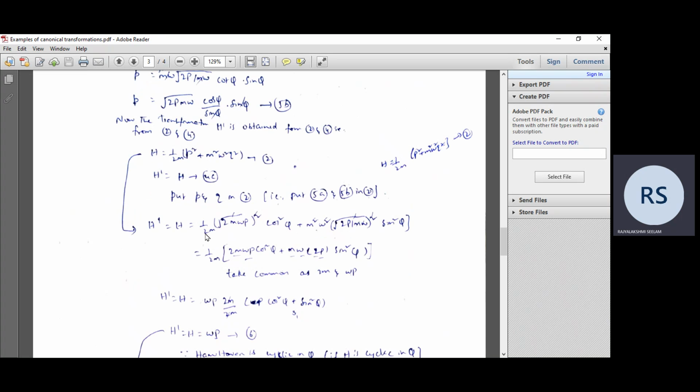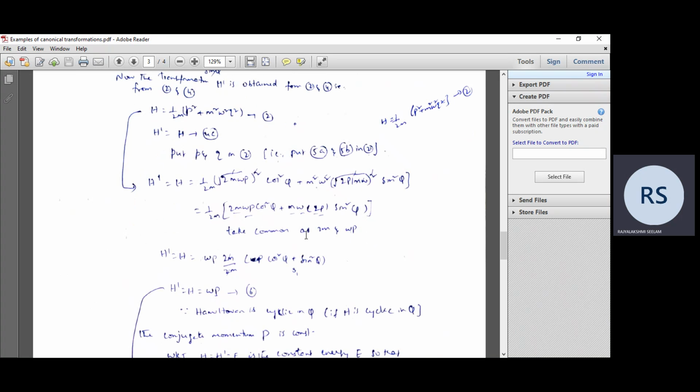So this equals 1 by 2m. Here the square and root cancel. So 2m omega P cos square Q plus m omega into, in the root we have m omega, so if it comes outside, we obtain m into omega into 2P into sin square Q.